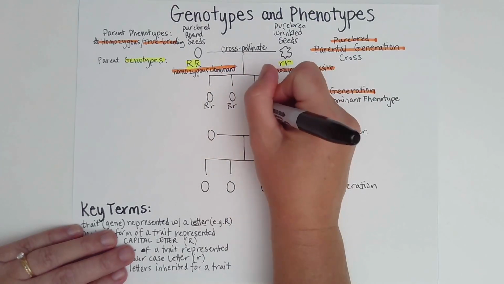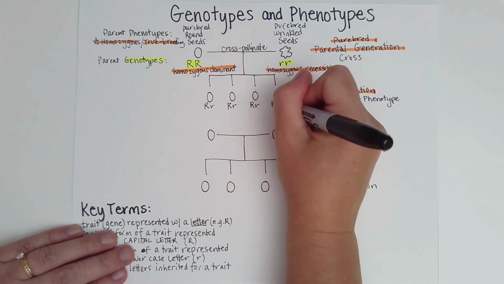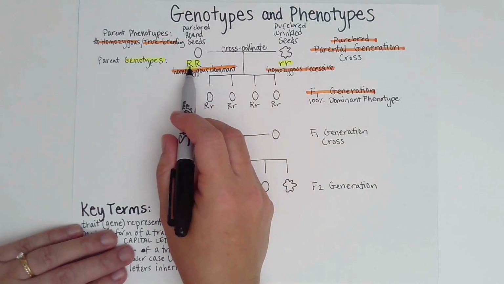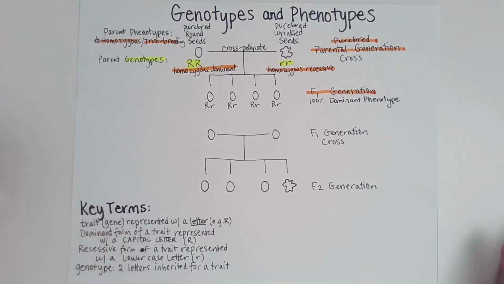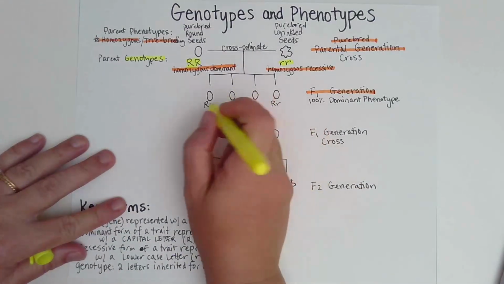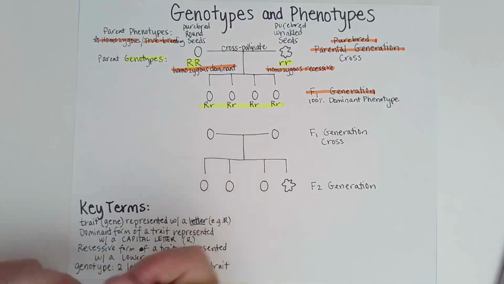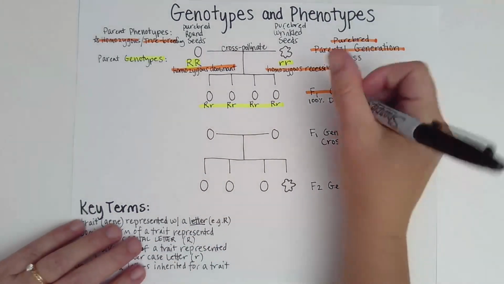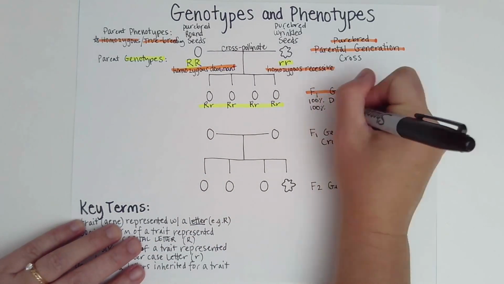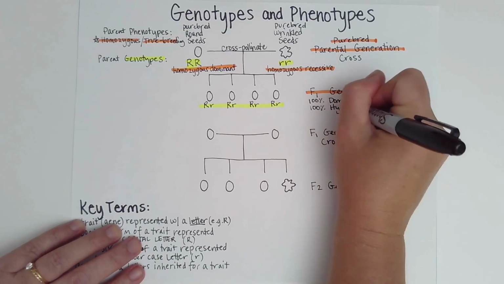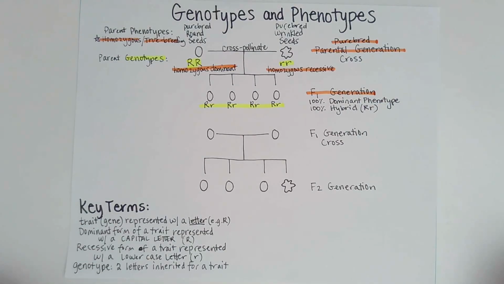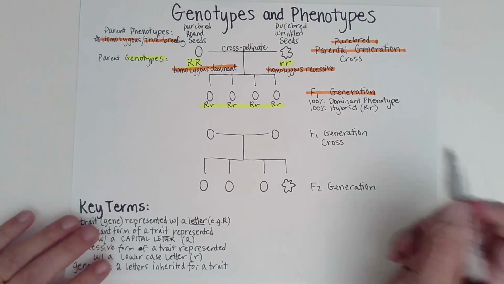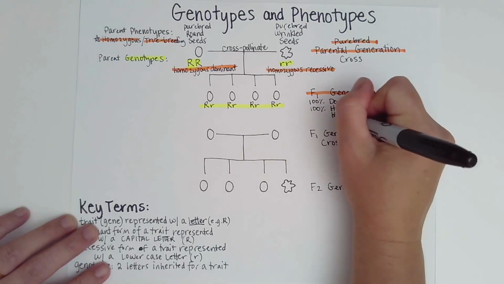Do you see this? When they were cross-pollinated, they got big R from one parent and little r from the other parent, so they're all big R, little r. So 100% of them are hybrid. And remember, that means that they have 2 different forms for the trait, big R, little r. Or we might say that they're heterozygous.